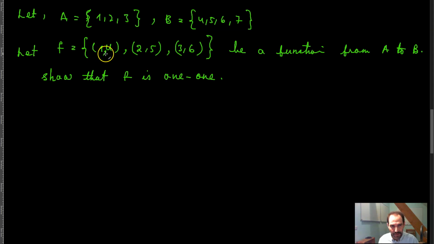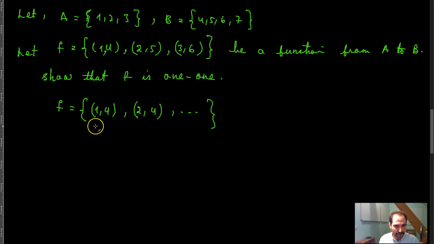You could actually have some f, for example here, that would still be a function. You could write, for example, (1, 4) and, for example, (2, 4), and so on and so forth, and some other elements.